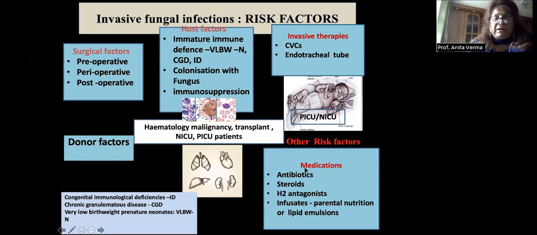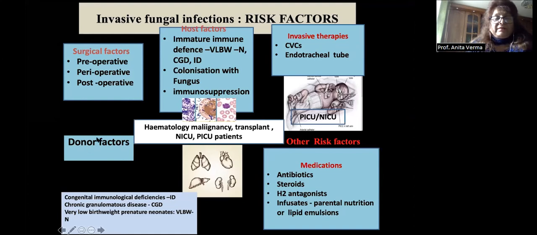In the transplant population, hematology malignancy, and patients with underlying congenital immunodeficiencies, immature immune defense, colonization with the fungus, and immunosuppression are very important factors. And in the transplant population, the surgical factors are very important.